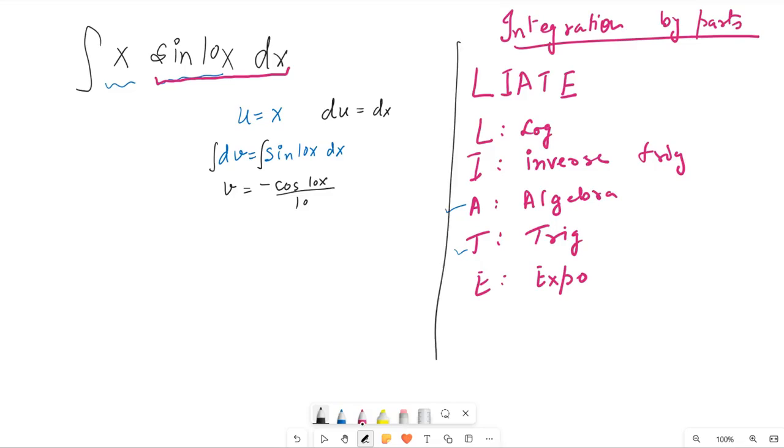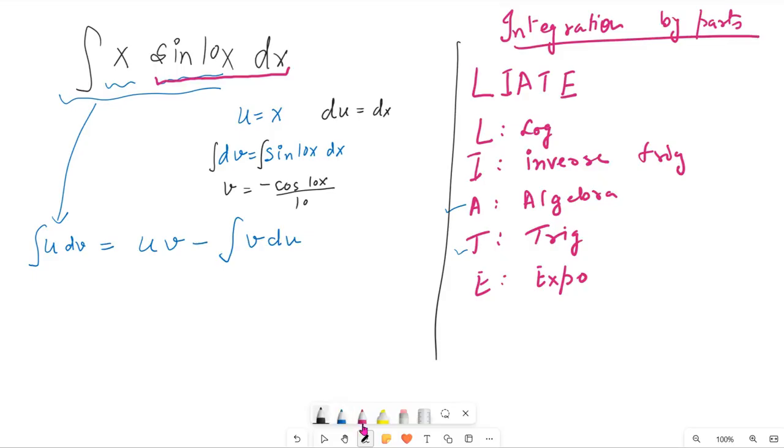Let's see. The formula is integral of u dv. The integration by parts says that's equal to uv minus integral v du.